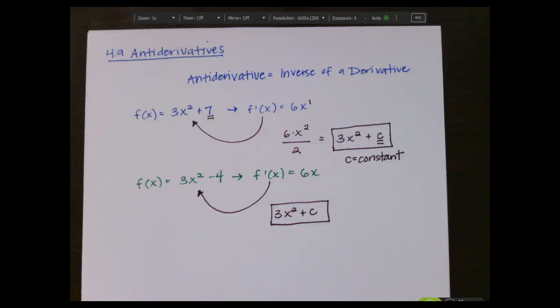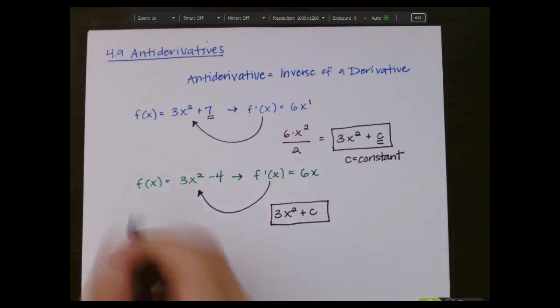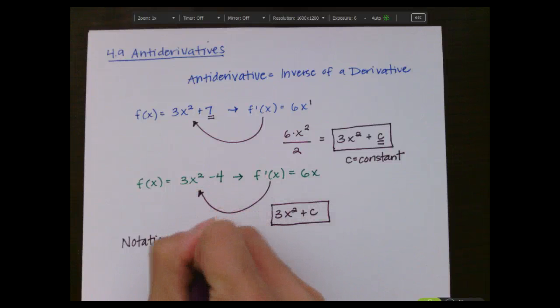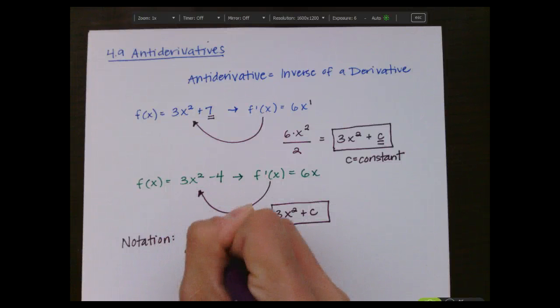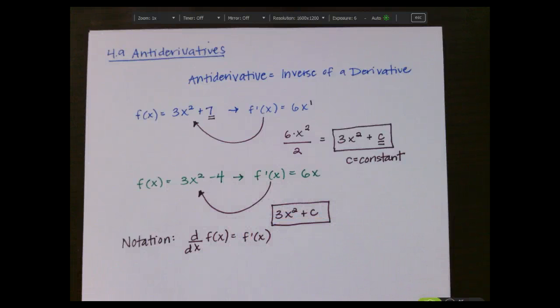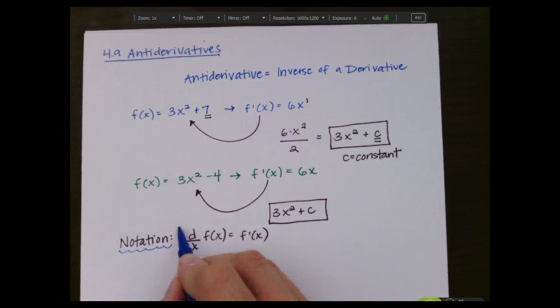All right, so in terms of notation, we know that if we use d over dx, the derivative with respect to x of a function f of x, we get f prime of x. So this is our derivative notation.